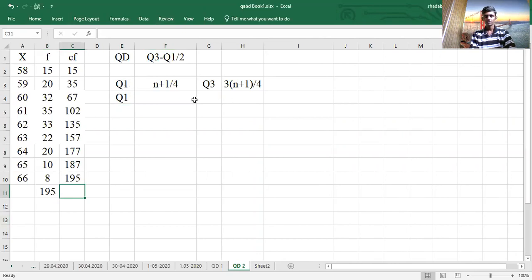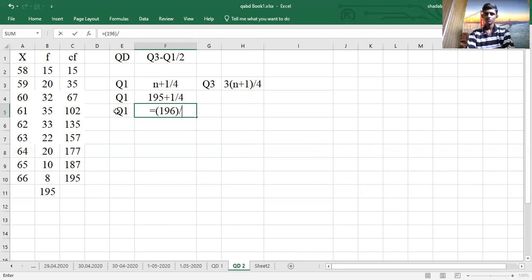So n is 195. Q1 equals 195 plus 1, which is 196, divided by 4, that is 49.